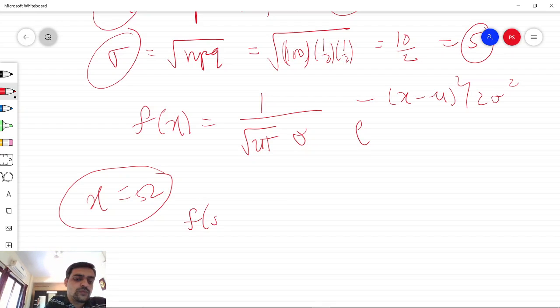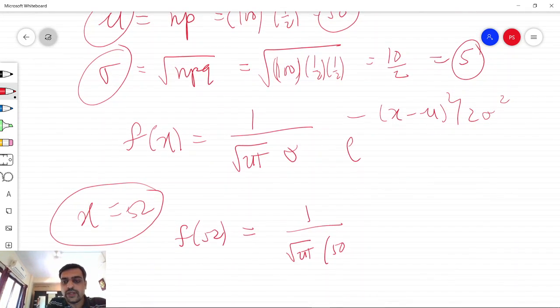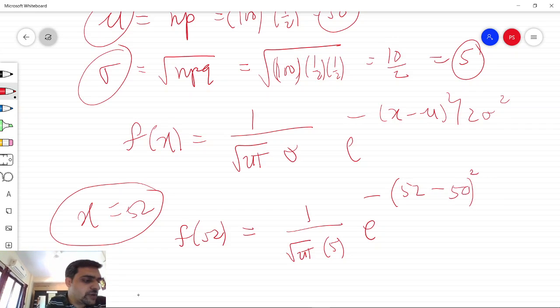So f of 52 would be 1 upon root 2 pi, sigma value is, sorry, sigma value is 5, e raised to minus 52 minus mu value 50, bracket squared, upon 2 into sigma squared. The sigma is 5, so 5 squared is 25.